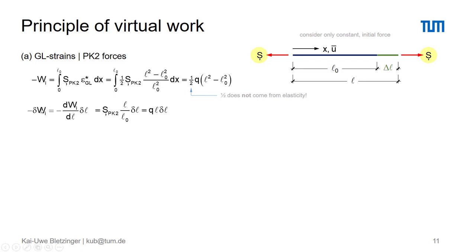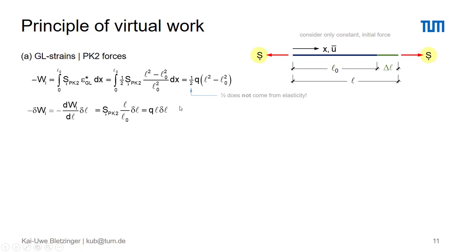And further on, we have to look into the variation, the virtual work, or the negative virtual work, the virtual energy, the internal one. We just received it by applying the chain rule again, taking the derivative of the W with respect to what is free to be modified, which is definitely the deformed length, and post-multiplying with the variation of the length.